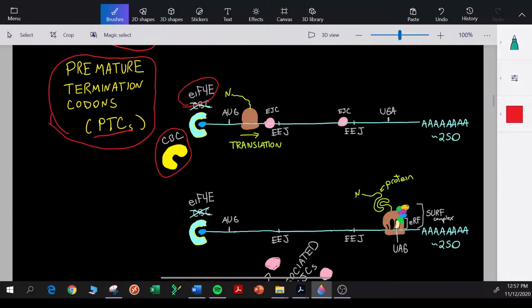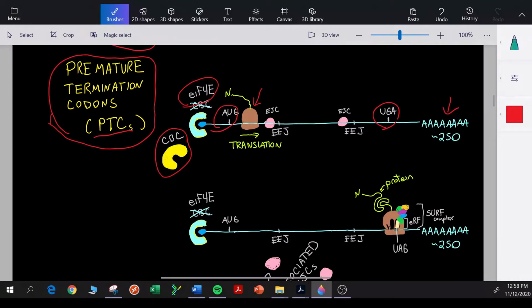So here we have still the poly-A tail. I didn't diagram the poly-A binding proteins there. We have the stop codon, the start codon, and here's our ribosome, and the ribosome has started translating this messenger RNA.